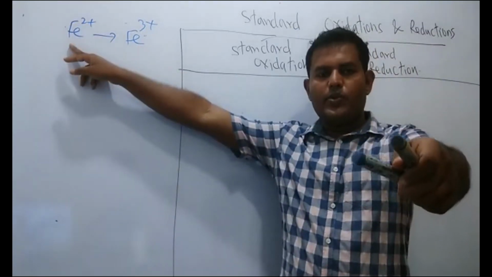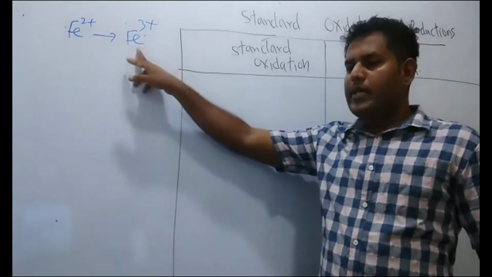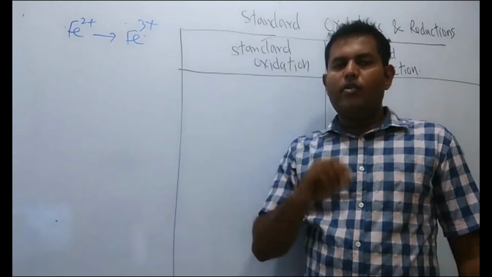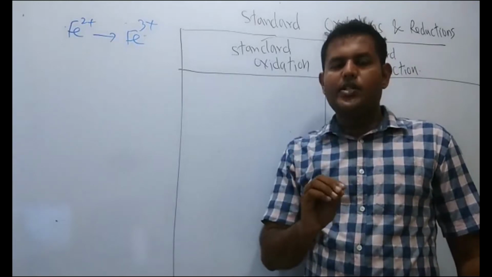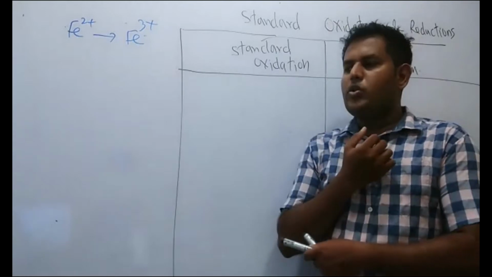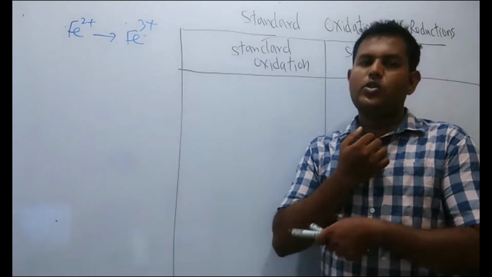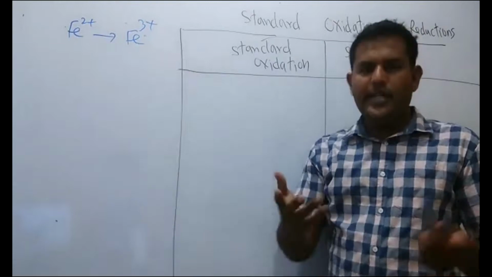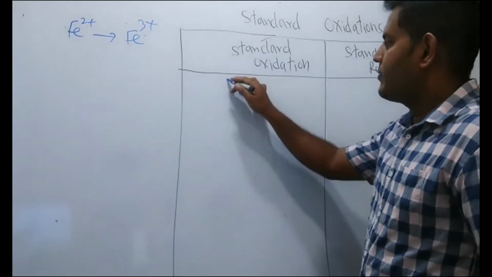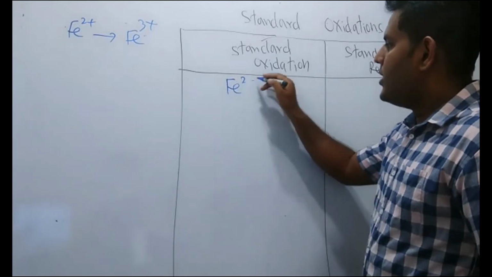Plus 2. This Fe3+, what is the oxidation number? Plus 3. So determine whether the oxidation number has increased or decreased. Plus 2 to plus 3, increased. So if the oxidation number has increased, you should write it here as a standard oxidation.